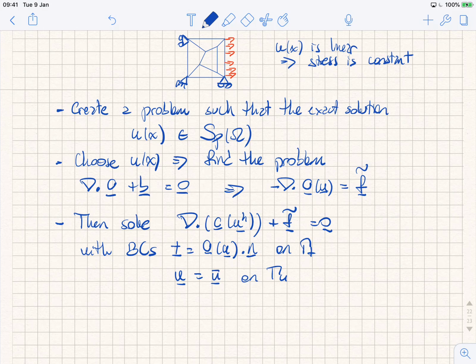But what do you do next? Now your stuff is working with p equals 1 and p equals 2, and now you want to test it for p equals 3. What do you do? Your quadratic elements are working. We're done with p equals 2. Now I want to test p equals 3. So what do we do? What do we do with the cubic?